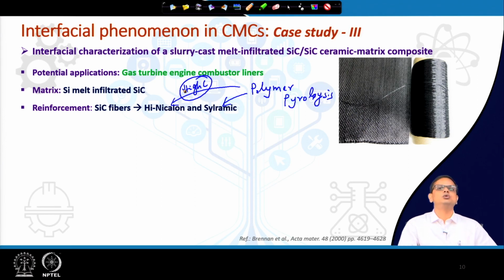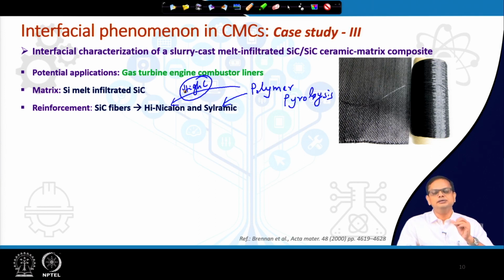If you remember, I talked about CVD synthesis, where you can change the hydrogen concentration. Hydrogen is used as a catalyst in making SiC fiber.